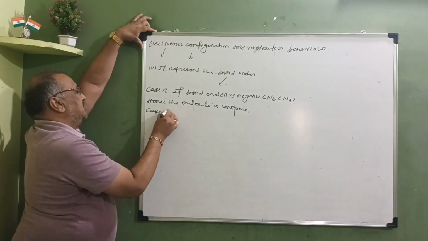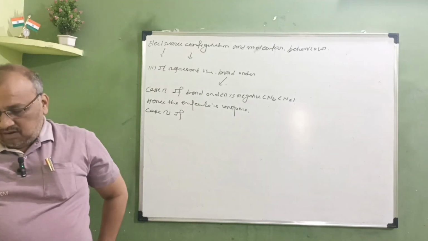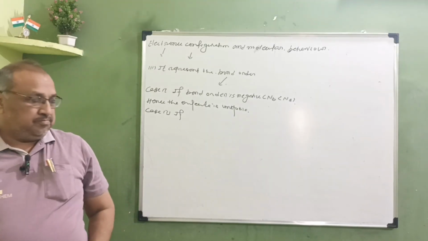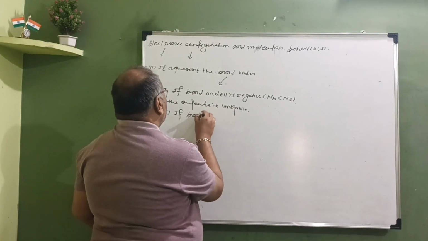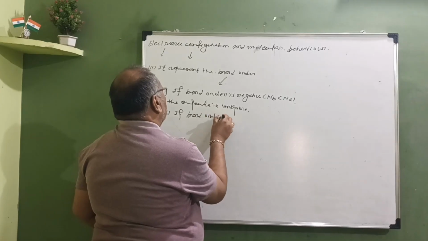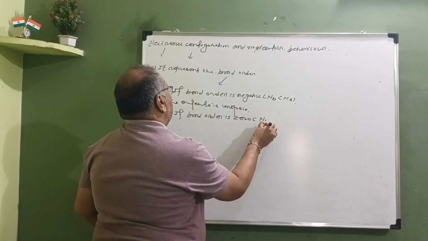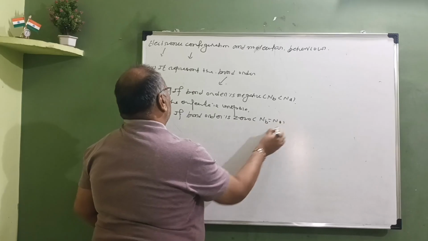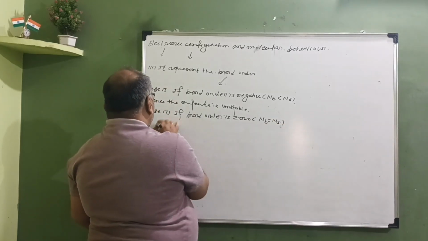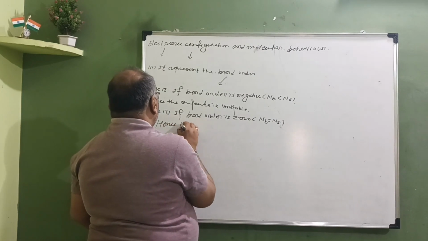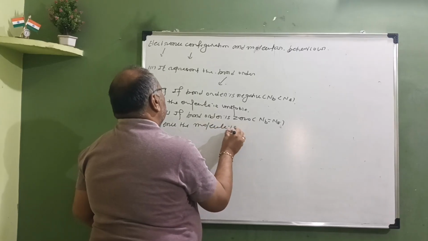And case 3, if bond order is 0, that means Nb is equal to Na, hence the molecule is unstable.